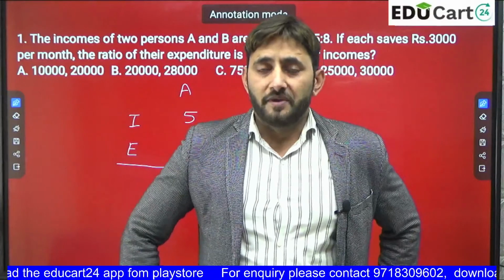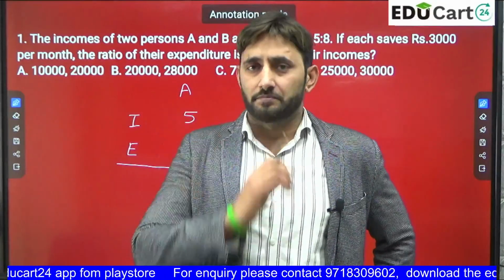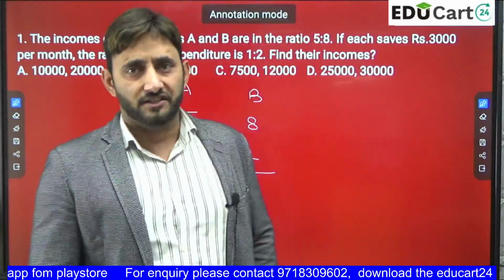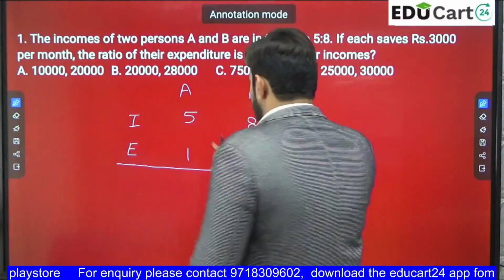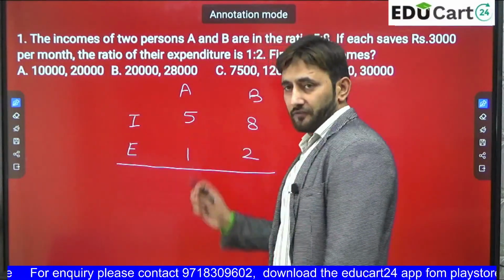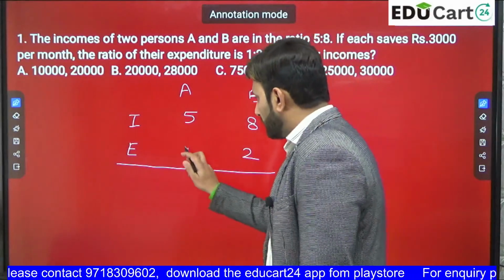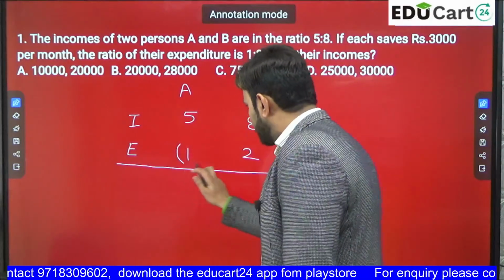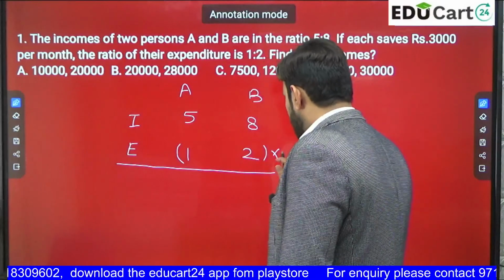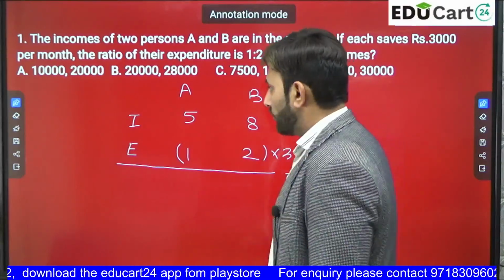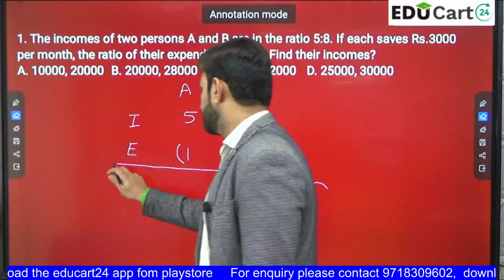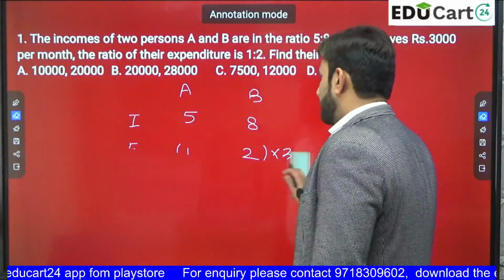So to make the savings equal, the difference of the income and the difference of the expenditure has to be equal. So what is the difference here? 5 and 8, a difference of 3 parts. Here the difference is of 1 part. So you simply multiply this by 3. Why am I multiplying by 3?